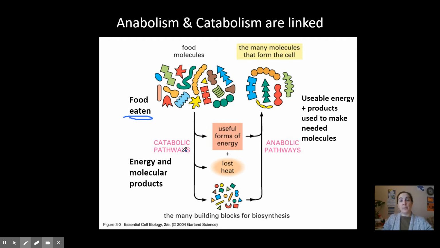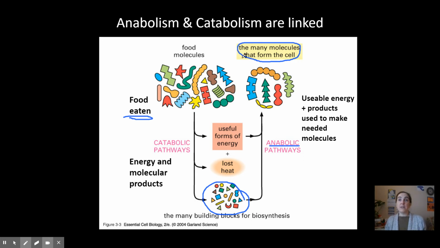Digestion is a catabolic process, right? We're taking these big molecules in our food, we're breaking them down into these little pieces. We're breaking our food down into simple sugars, into nucleotides, into amino acids, and other small pieces that we can then use in anabolic building reactions to build the molecules that we need for our cells.